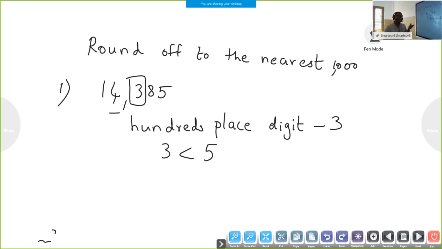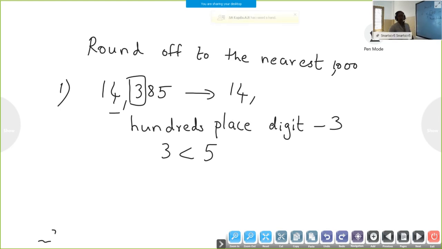If the digit in the hundreds place is less than 5, there is no change in the thousands place digit. So you can keep 4 like that.